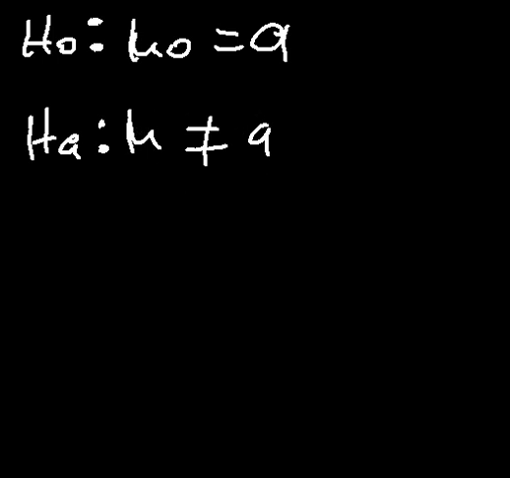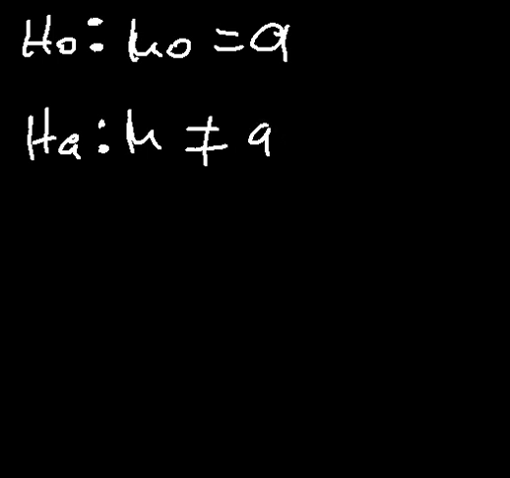So all these cases depict the two-tailed test, because if the null hypothesis says that the mean is equal to A, the alternative hypothesis will have to say the mean is not equal to A. Which means the choice can be above A or less than A.